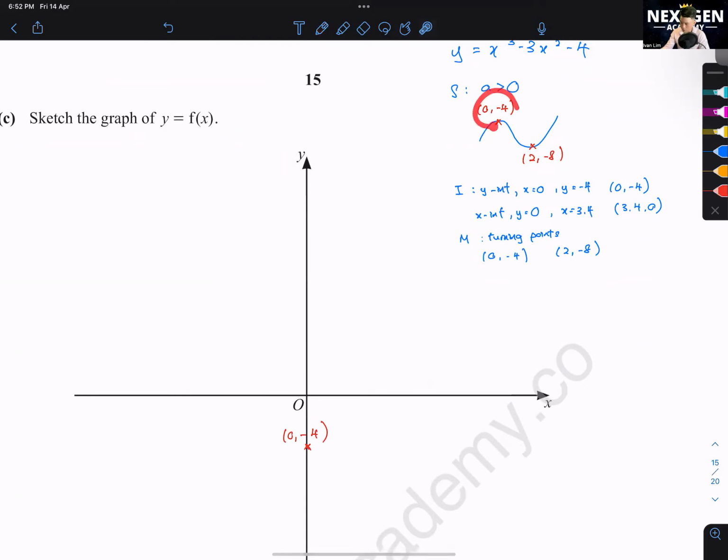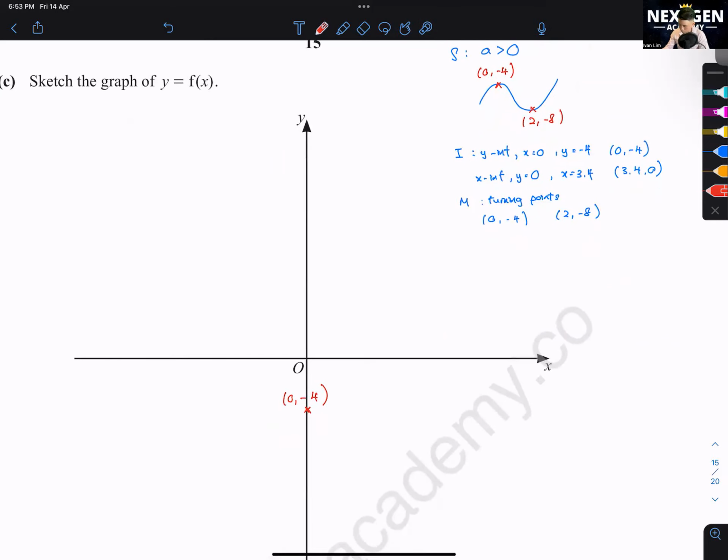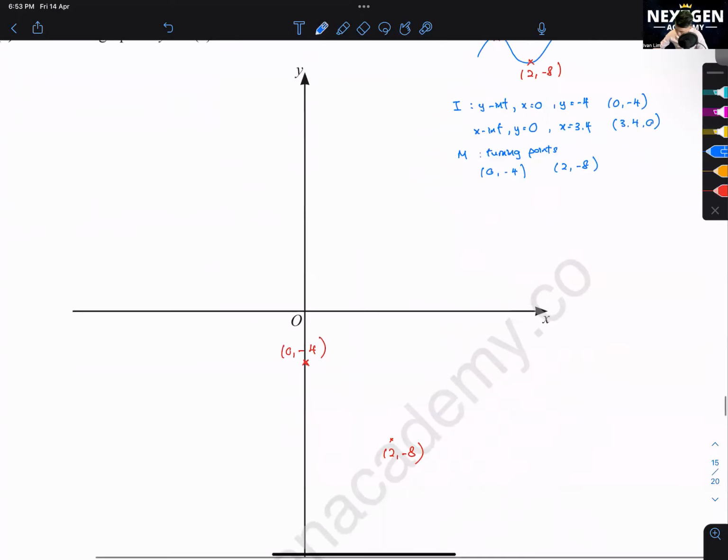As referred to, the second turning point will be (2, -8). So you go to the right a bit, then slightly at the bottom. So here, (2, -8). You see here, I will sketch it like this. Sad face, this is the first turning point, this one the second turning point, and then go up like this.